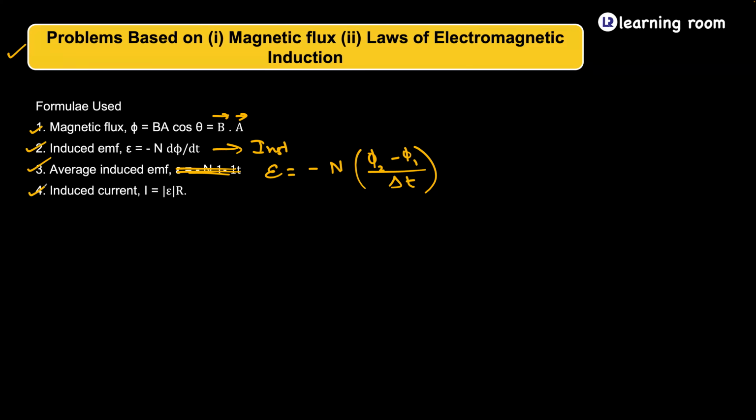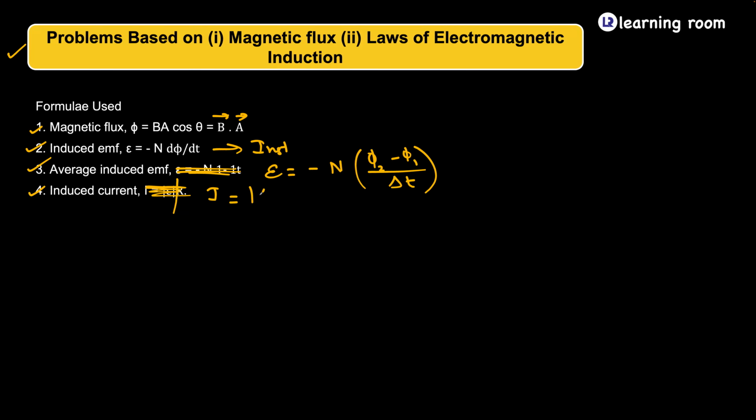And lastly, if there is a question based on induced current, then first find out the induced EMF divided with the resistance of the coil, because I is equal to V by R. So I'll write it clearly.